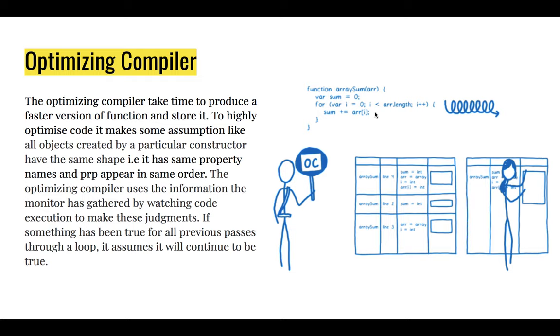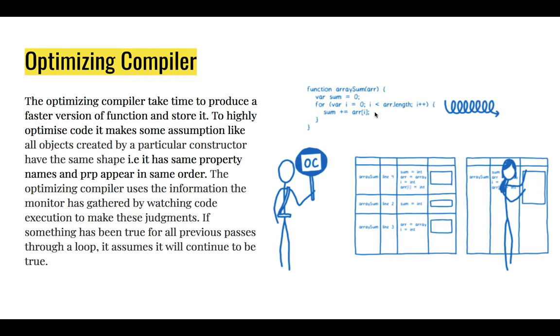What does the optimizing compiler look at? It says, okay, for the previous compilation that resulted from the baseline compiler, what you mainly were looking at was that the declared variables always had the same type, throughout the loop iterations. If they had the same type, it was compiled and reduced to a simple machine level translation.